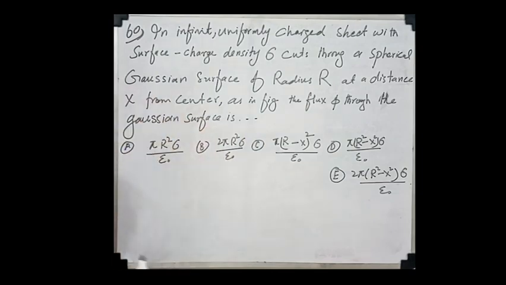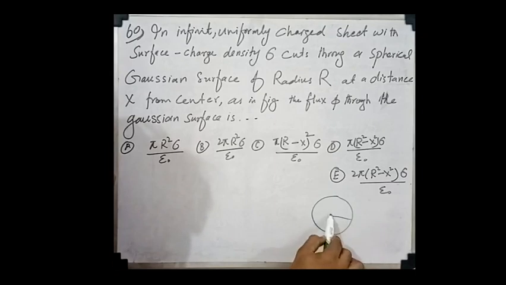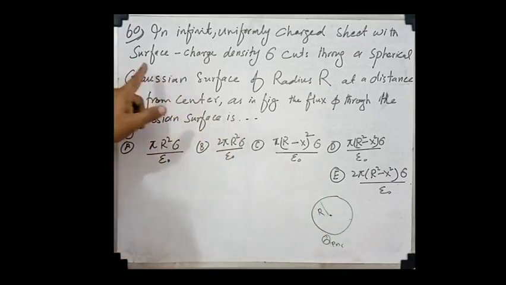First of all, let's say this is a Gaussian surface and this is the radius r of this Gaussian surface, and this surface encloses a total charge q enclosed.